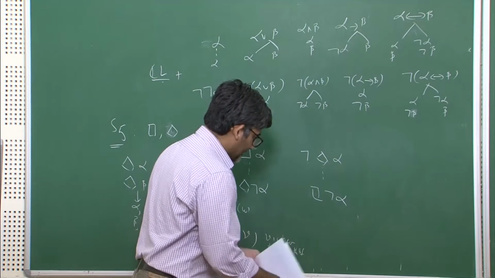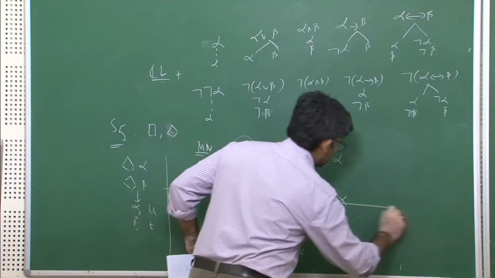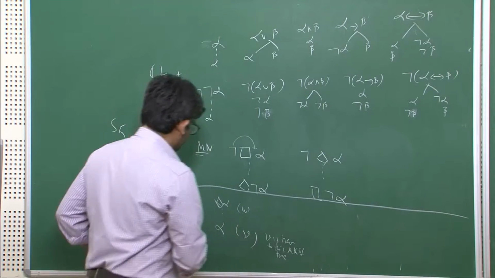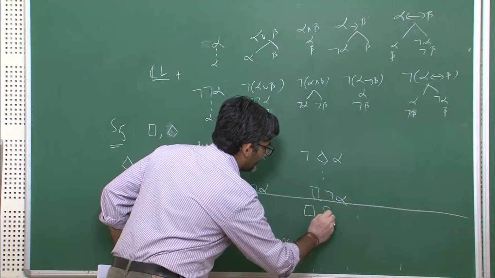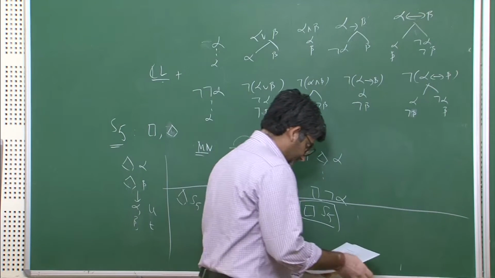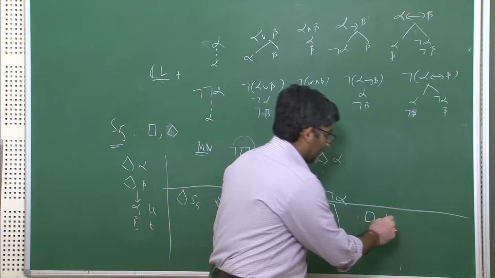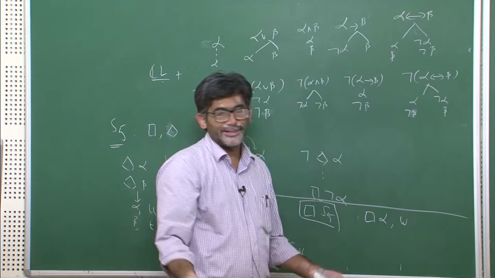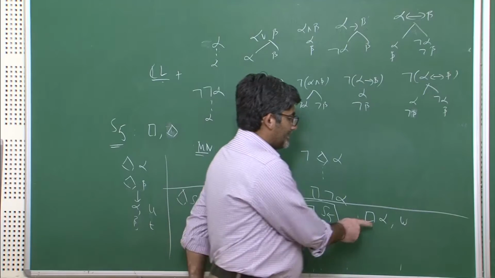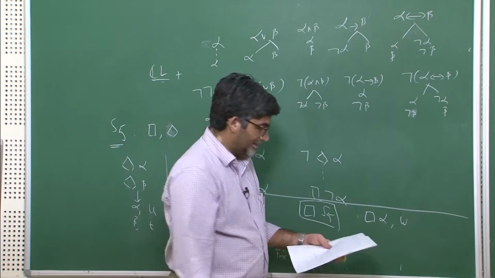Whereas necessity S5 rule, I have to draw a line like this so that it will be clear. Necessity S5 rule. So this tells us that if a formula necessity of alpha has to be true in a world W, by the definition you can say that necessity of alpha is going to be true in a world W only when alpha is true in all possible worlds.